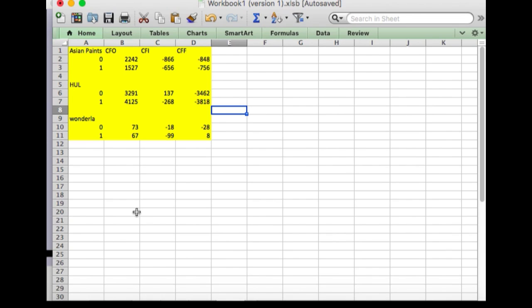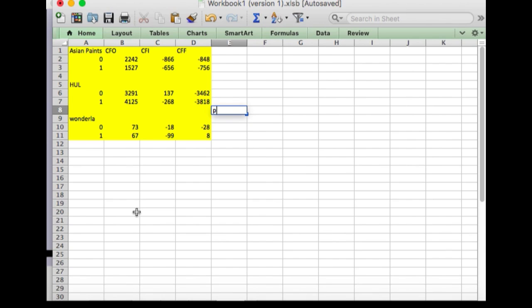Okay, one analysis I got is operations cash flow has increased in H1. No, decreased. Increased, sorry. So 3291 it became 4125. Fair enough. Wonderla is on an expansion mode. Excellent. They also have taken a bank loan this year. Correct. Very nice. So Wonderla is on the expansion mode.